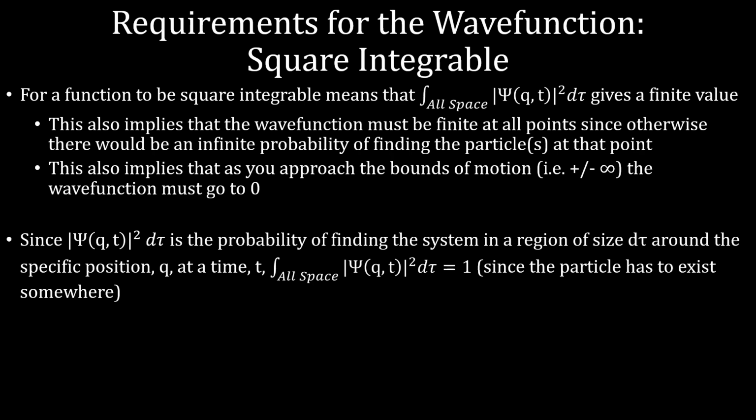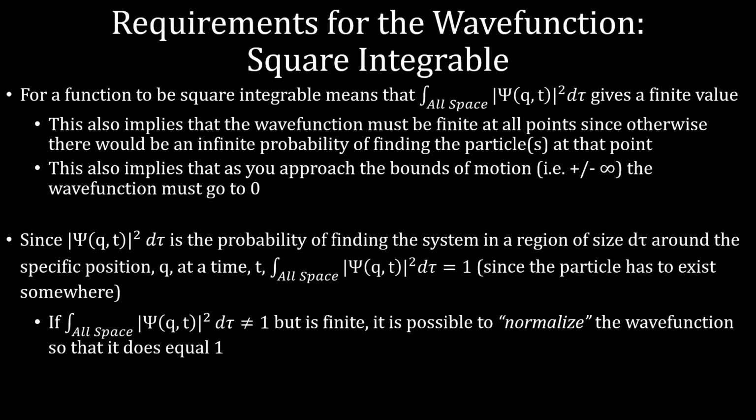I know that might be a lot of words, but what this essentially means is that the particle has to exist somewhere. So if we look in the entirety of the universe, or the entirety of all space, the probability needs to be 1 or 100% because the particle exists. And the particle has to be somewhere.